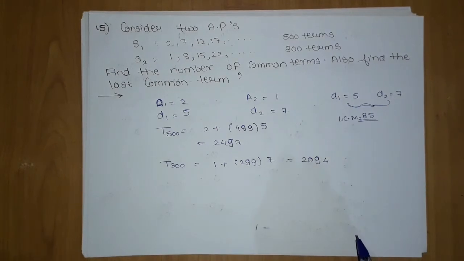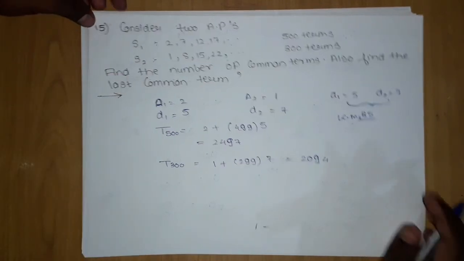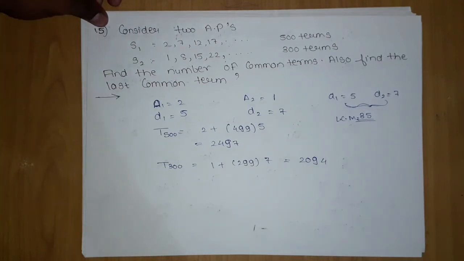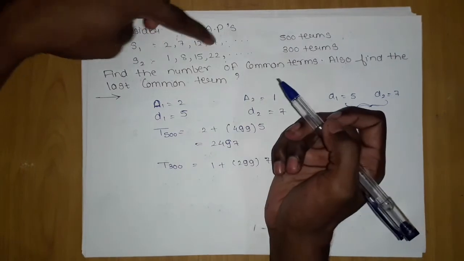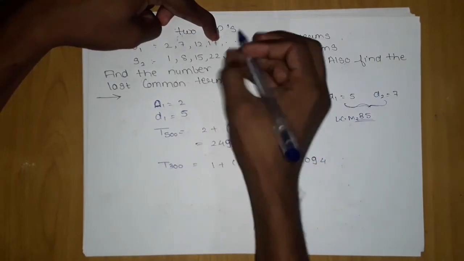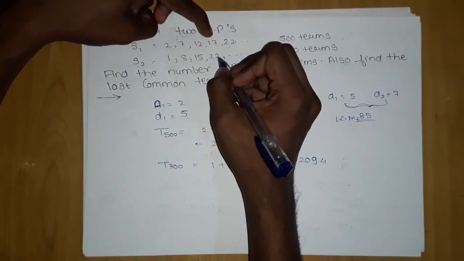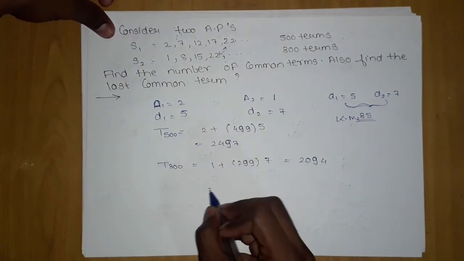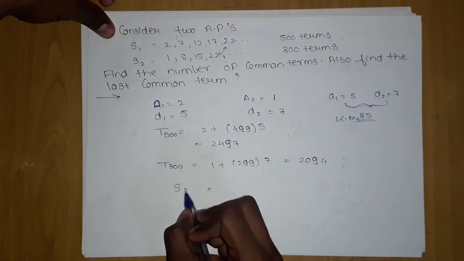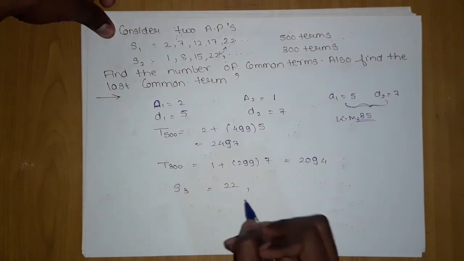So 35 is the common difference, and we just want to find the first common term. If we keep adding 5 here, we can see the first term which is common is 22. So the first term of this sequence, let me call it S3, is 22, which is common.